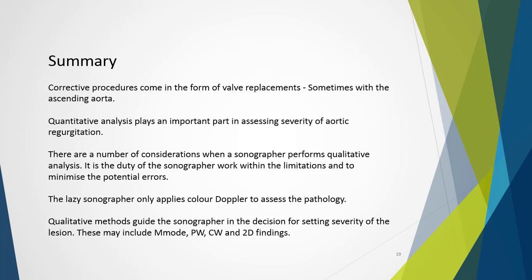It is the lazy sonographer that only applies color to assess the valve and look for pathology. We really should look at the quantitative and qualitative methods. In regards to qualitative methods, the sonographer applies them all to the lesion to help them diagnose what's going on. This may include the use of M-mode, pulse wave, continuous wave Doppler, and other 2D findings.